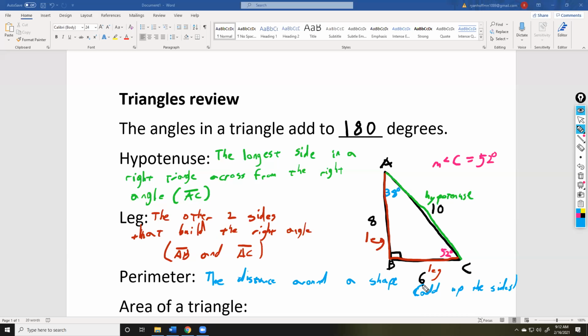And so I'm going to measure all the side lengths, basically all of my borders, and I'm going to add them together. Right? So this is adding up all the sides. That's what a perimeter is. So in this case, perimeter would be, I just add up the sides. My side lengths are 6, 8, 10.